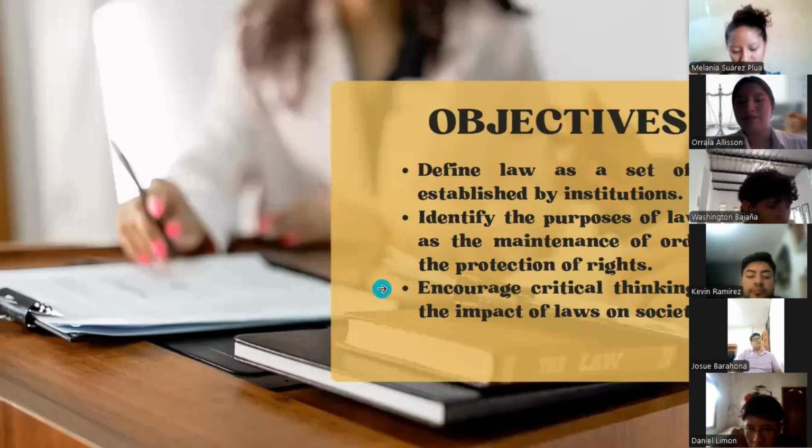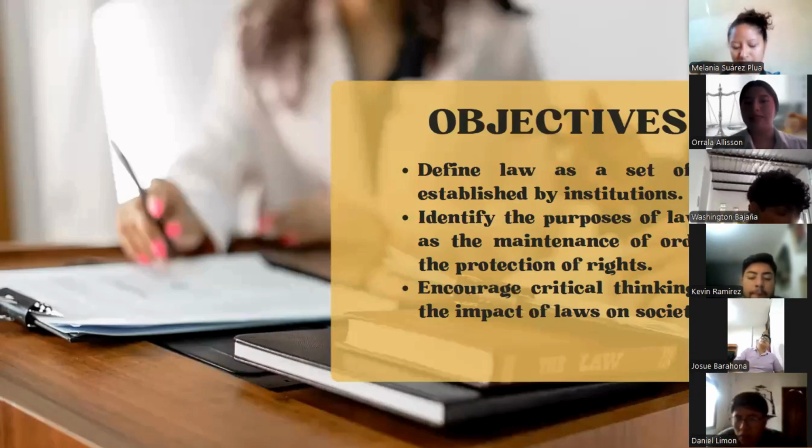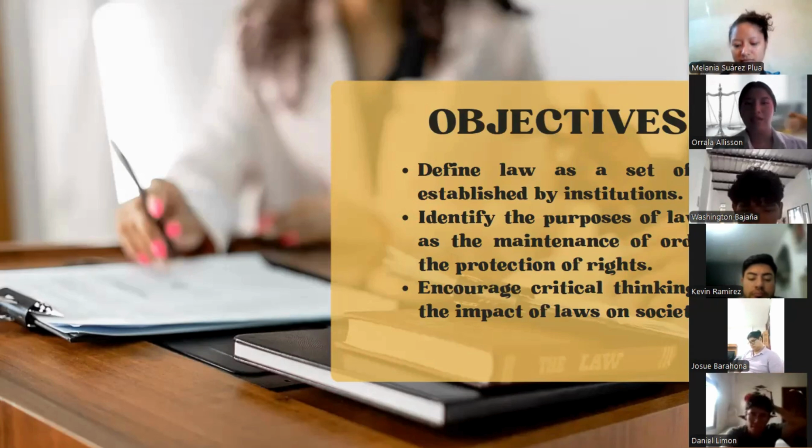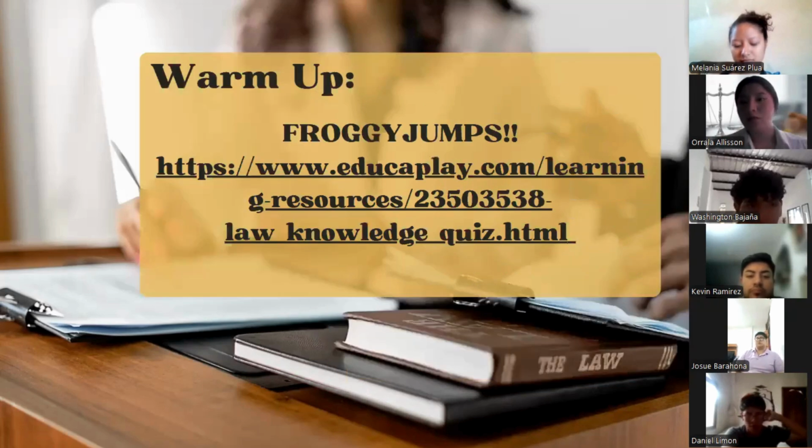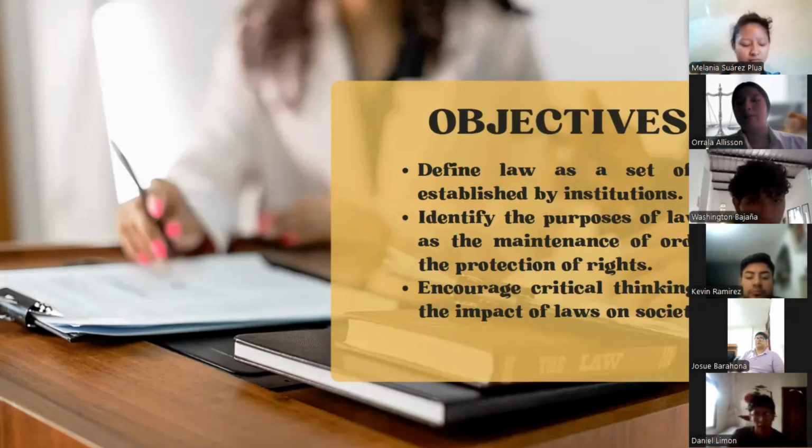The objectives for this class are: define law as a set of rules established by institutions; identify the purpose of law, such as the maintenance of order and the protection of rights; and encourage critical thinking about the impact of law on society. Okay, now we are going to start with a little warm-up.